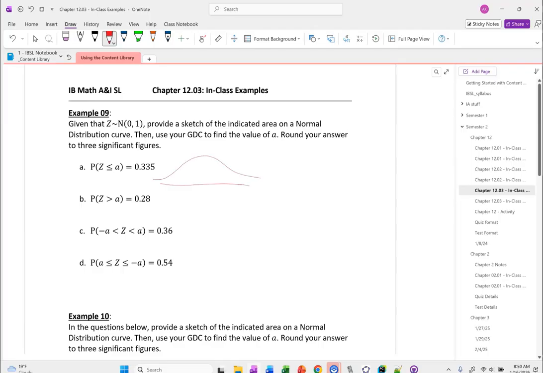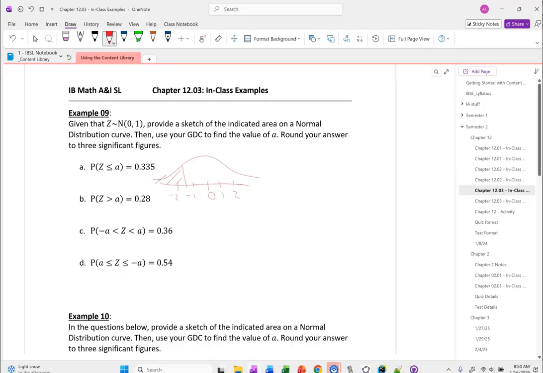So there's our normal curve, right? There's 0. We'll have 1 and -1, and then 2 and -2. So we need the area under that curve to be about 0.3. So maybe somewhere there, that looks like maybe a third or so of the curve. That feel all right?